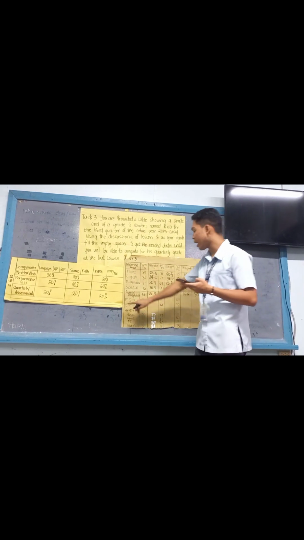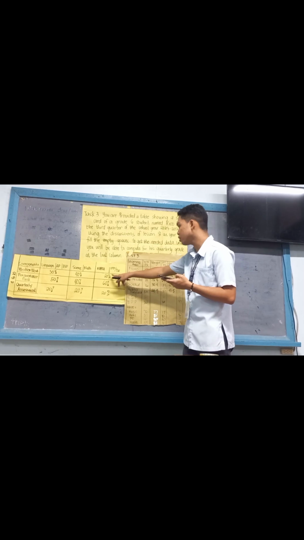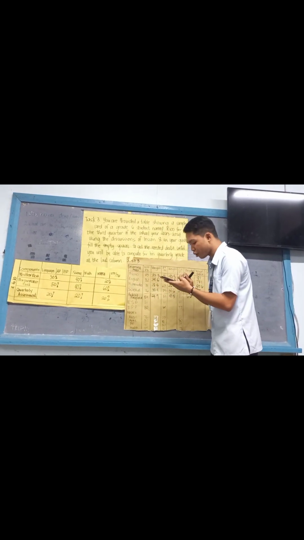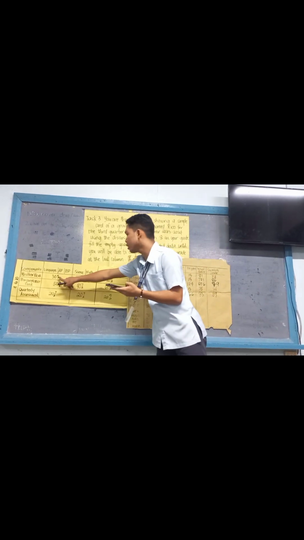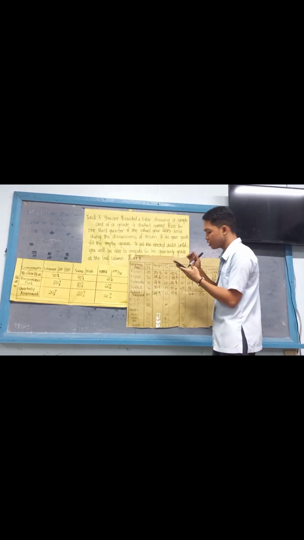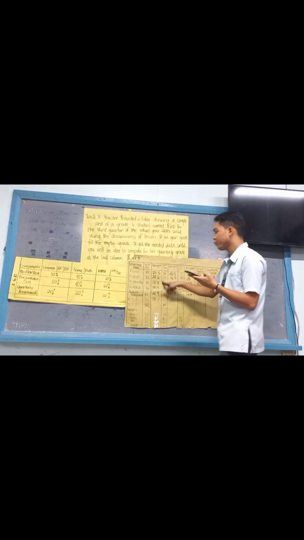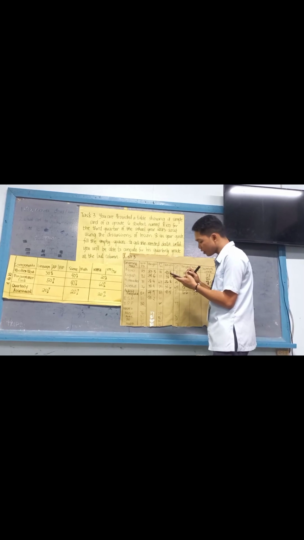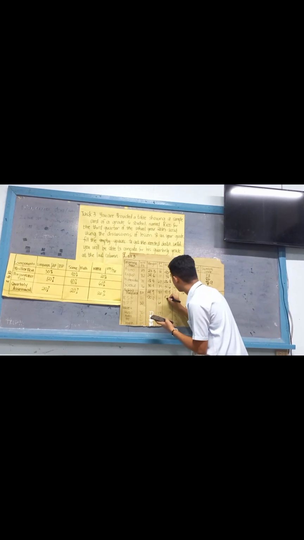So let's proceed to the ESP or the Edukasyon sa Pagpapakatao. So ESP belongs to here. So 84 times 30% is equals to 25.2. In the performance task, 84 times 50% is equals to 42.